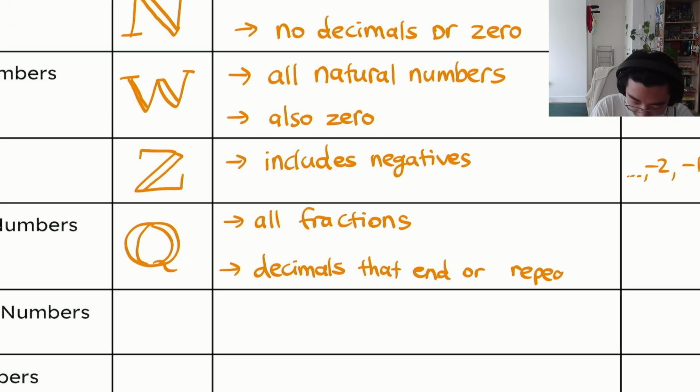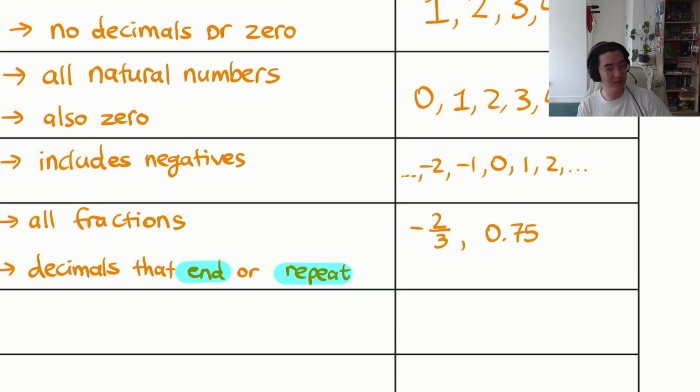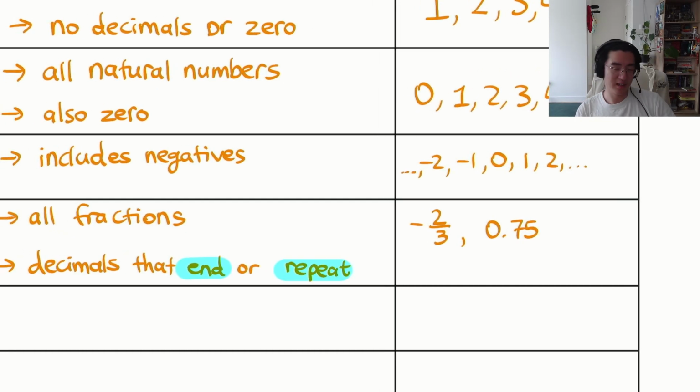Decimals are rational only if they end or repeat themselves. For example, any fraction will do, like negative 2 over 3. That's a fraction. Negatives are still fractions. You got things like 0.75, a nice little decimal number that actually ends at 5. We will learn more later on about how to convert between decimals and fractions, but decimals and fractions are essentially the same thing.